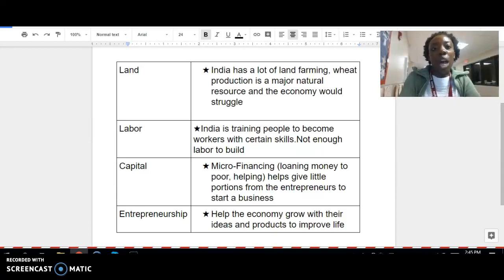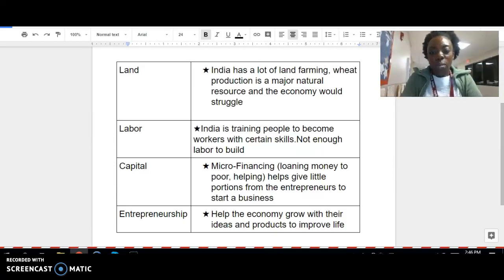Maybe I have a shop and I'm selling goat milk to the village. Well, I need a goat. I need $500 to buy a goat. So I go to the bank to get a micro loan. Microfinancing helps poor people and gives entrepreneurs a chance to make money and help their economy grow.